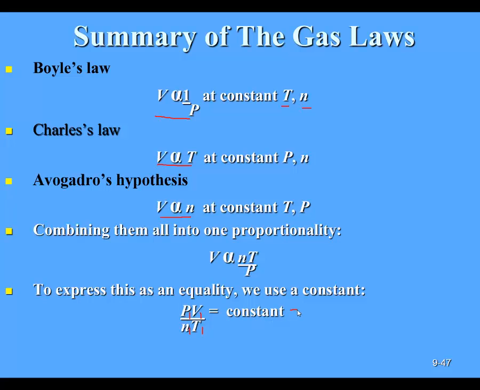If I were to change all of those conditions, pressure, volume, moles, and temperature, to give me a second set of conditions, that would still be equal to that constant. So I can say that pressure 2 times my volume 2 will be equal to my number of moles of gas 2 times my temperature 2 in the same ratio.